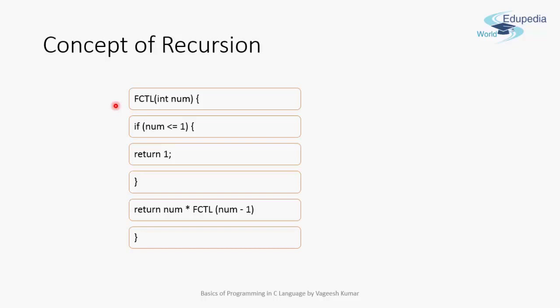Now this function we have for calculating the factorial, we will calculate the factorial using the recursion method. So this is our function FCTL, and we have an integer argument to it because we are dealing with numbers, so our data type will be integer, int num, and here the brackets begin.